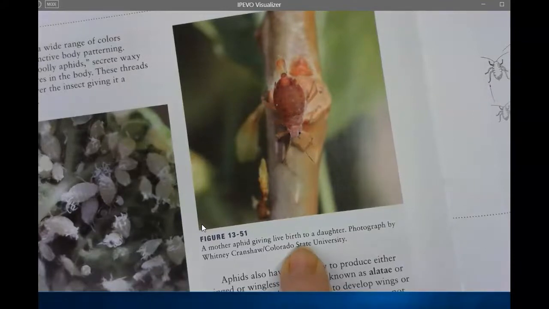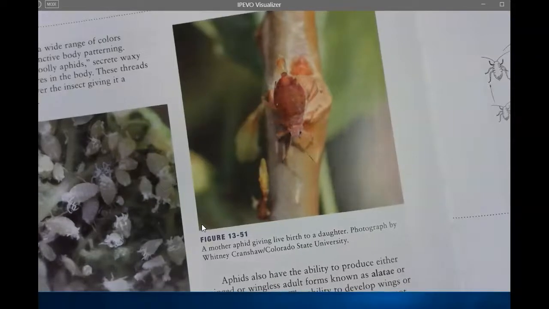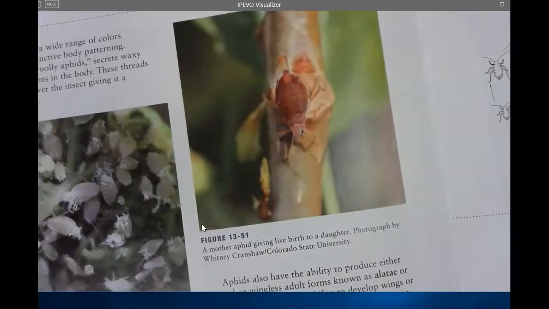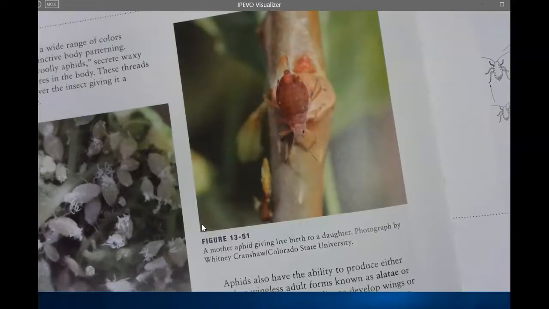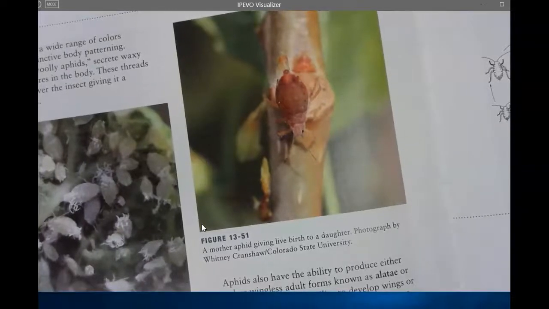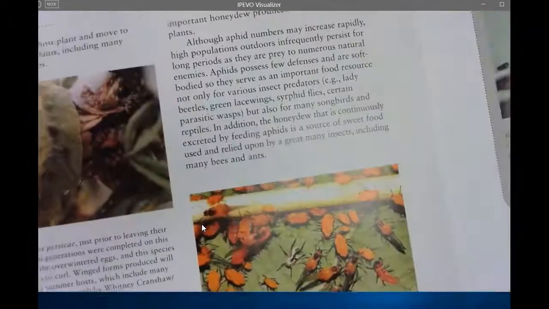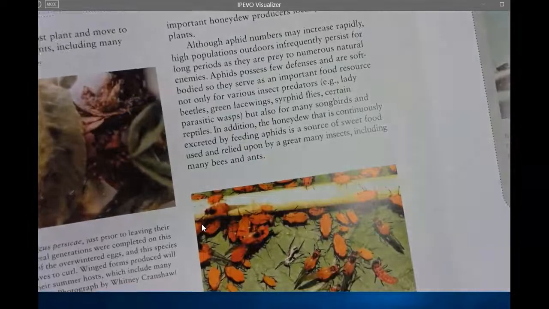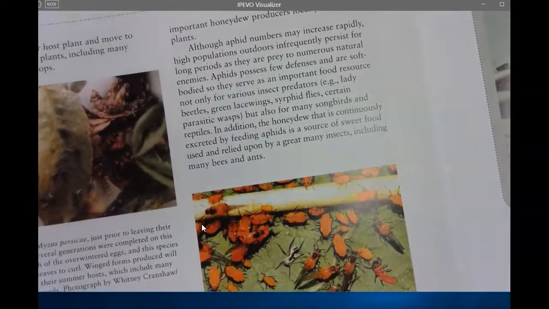And let me see if there's anything else I want to talk about. There's so many different types of aphids, wingless and ones with wings. And they produce the honeydew, which can actually cause diseases.